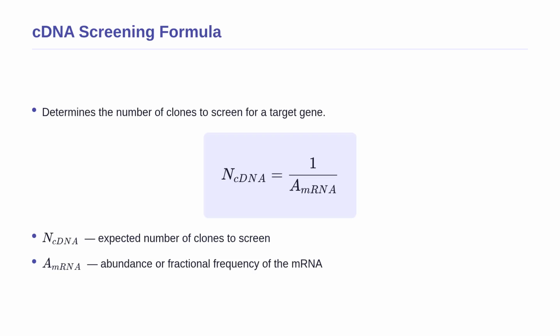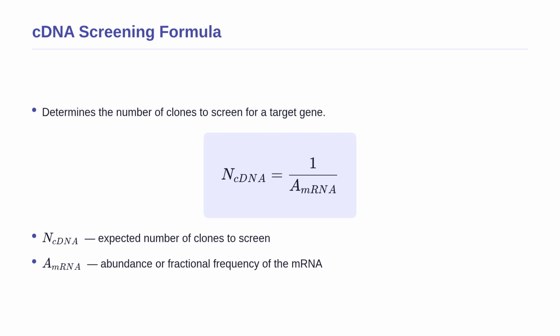When screening a cDNA library, the workload depends entirely on how abundant the mRNA for our target gene is. We can express this relationship mathematically to plan our experiments efficiently. Conceptually, this is a simple inverse relationship based on statistical probability. In this formula, N subscript cDNA represents the expected number of clones you must screen to find exactly one copy of your target gene.